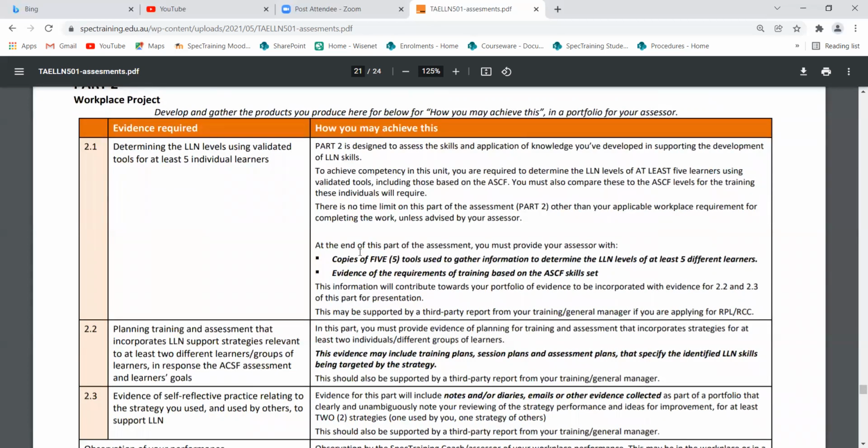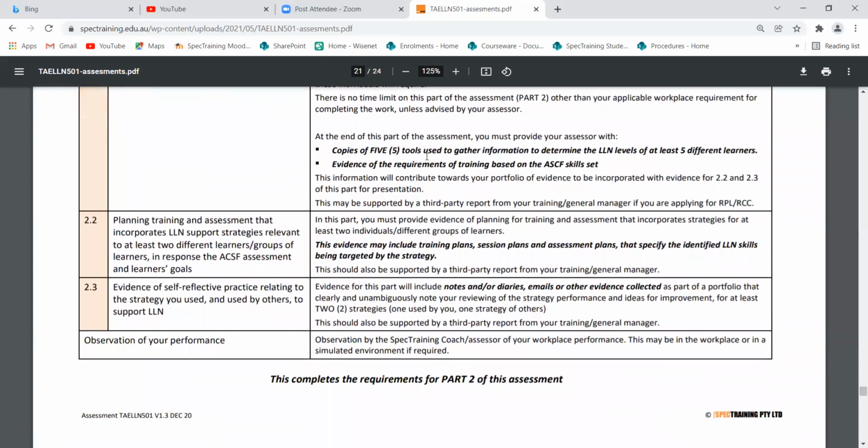To achieve competence in this unit, you're required to determine the LN levels of at least 5 learners using validated tools, including those based on the ACSF. You must also compare these to ACSF levels for the training these individuals will require. Okay, so essentially we need copies of the 5 tools used to gather information to determine the LLN levels of at least 5 different learners.